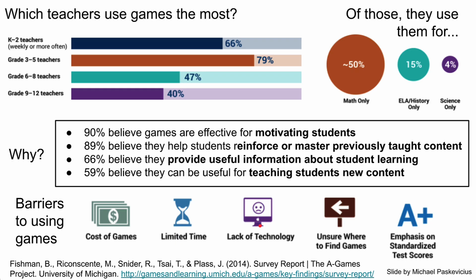You may not have easy access to that in your school. And then another one is being unsure of where to find games, which again, vibe coding could address if you've got ideas for games already, of course. Another one, hopefully this isn't as big an issue in British Columbia, but in the States, is the emphasis on standardized test scores and teaching to the test, which is a big issue.